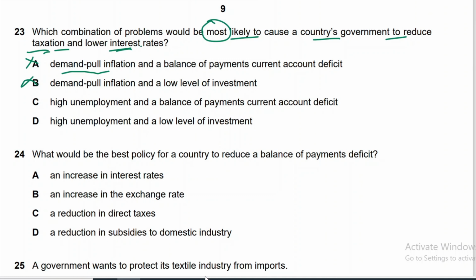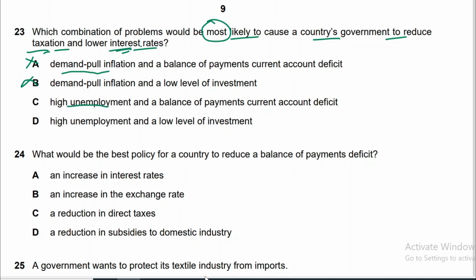And then we have a high unemployment rate and balance of payment current account deficit. If we reduce taxation and decrease interest rate, it will control unemployment, so controlling unemployment would be the aim. When there is high unemployment, government should decrease interest rate.